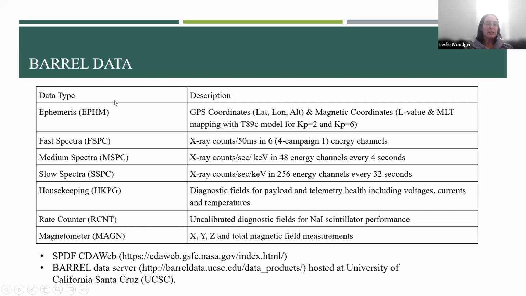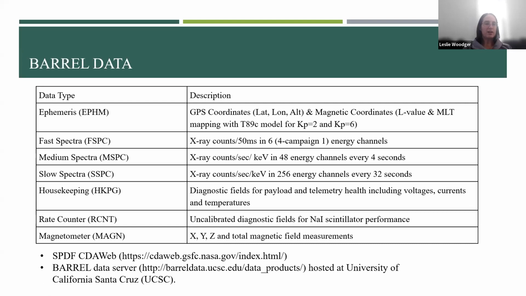So the Barrel data that has been produced from campaigns 1 through 5 so far, and we're in the works of processing campaigns 6 and 7, which I'm not talking about here right now. But all the data format is consistent throughout the Barrel mission.